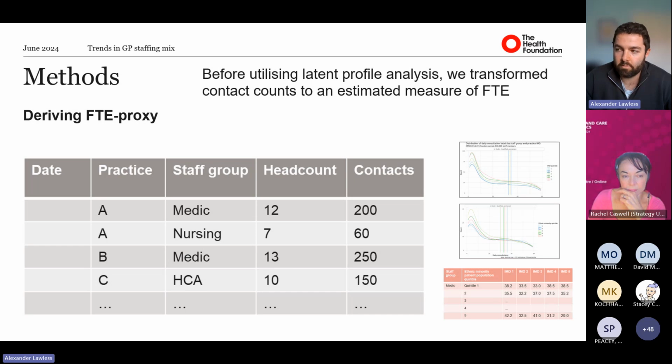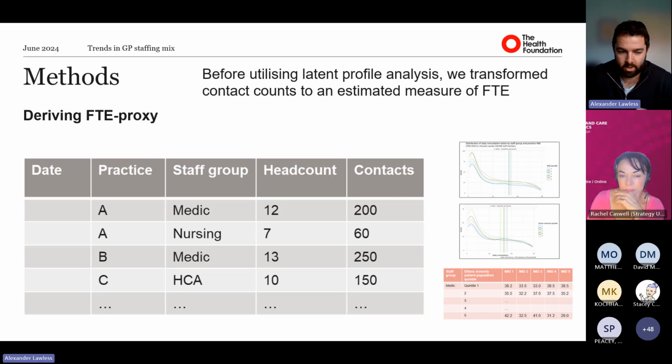If we start by grouping our contact data, and counting the number of contacts per practice per staff group, obviously within that it was possible for us to use a headcount measure, which would require no transformation.